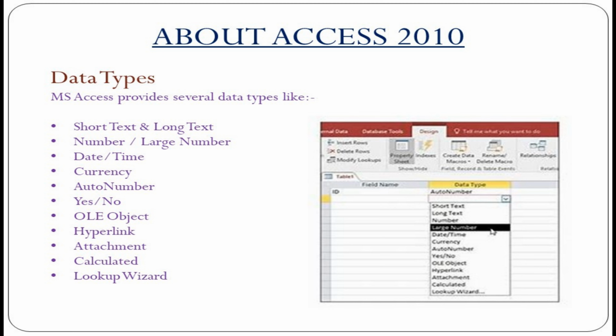Suppose when you create a field in which you need to put data, such as a name, which is string data, text data. In that case, you use text. Suppose you create a field of student name, then we need to put the name of the student.